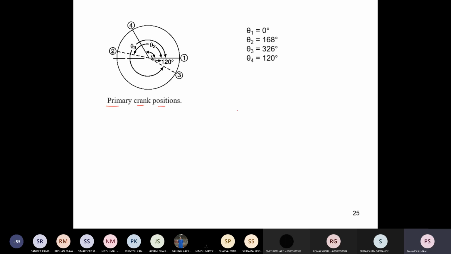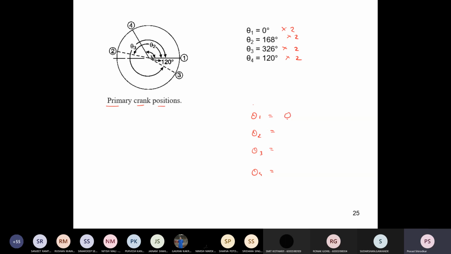Now to find the secondary crank positions, multiply each of these angles, theta 1, theta 2, theta 3, and theta 4 by 2. Okay, so multiply all these by 2. That will give you the secondary crank positions corresponding to secondary unbalance.